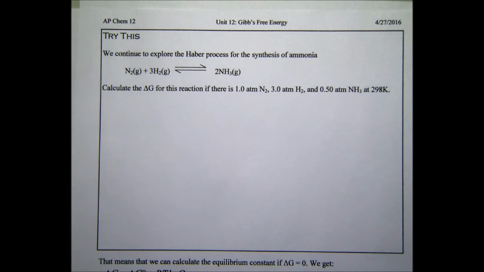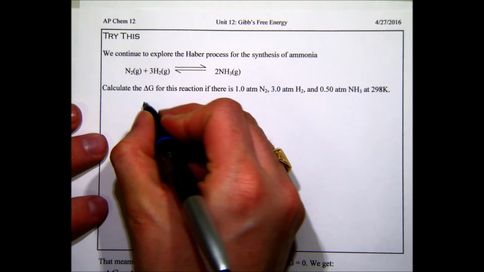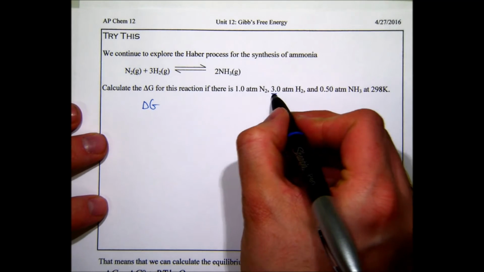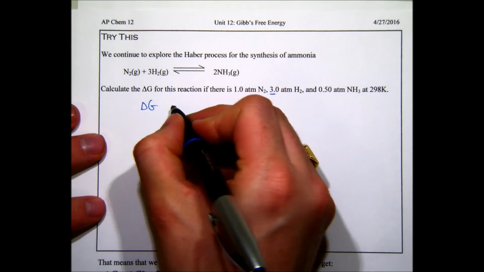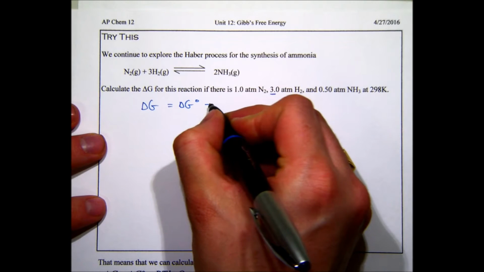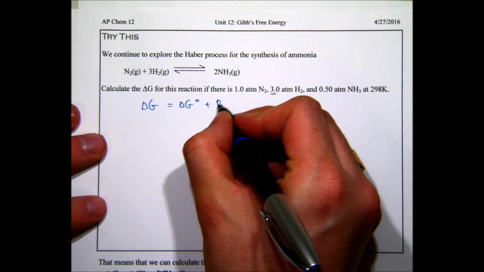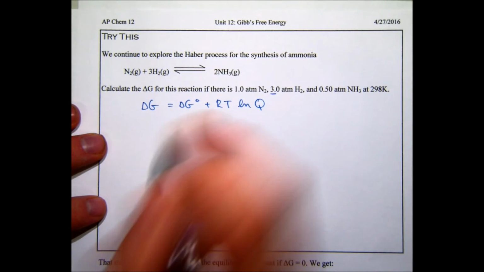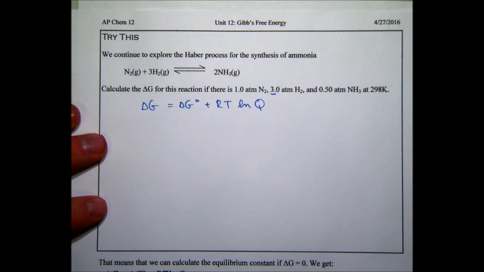So now we're going to try and apply that expression we were just looking at. We have non-standard conditions because this is not 1 atmosphere. So we're going to figure out what delta G is at non-standard conditions, delta G standard plus RT ln Q. Before we do anything, we should probably calculate what the free energy should be.